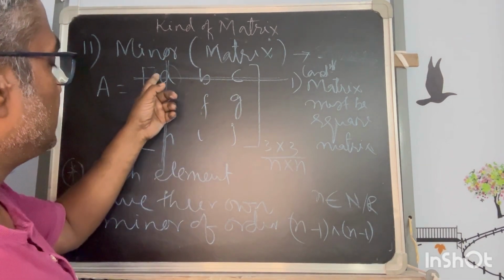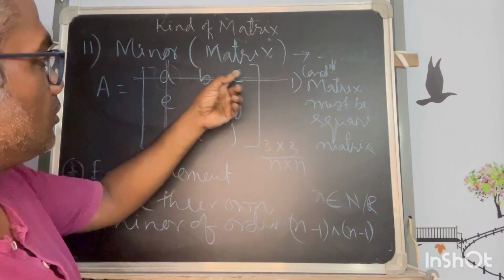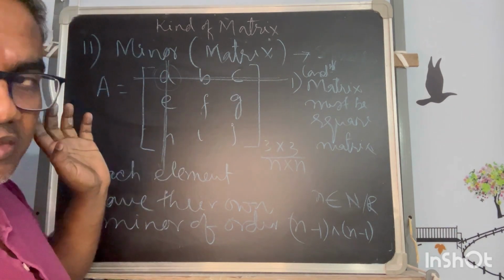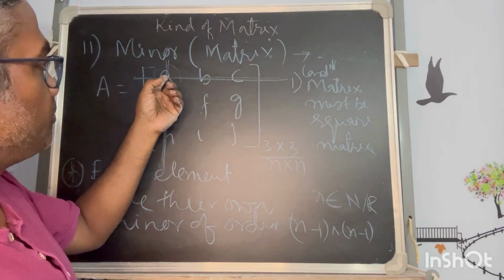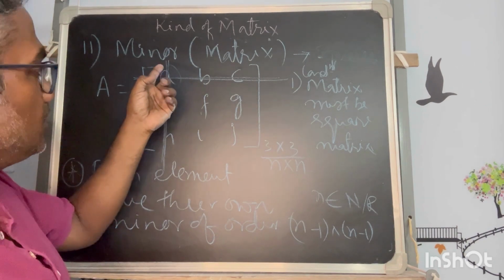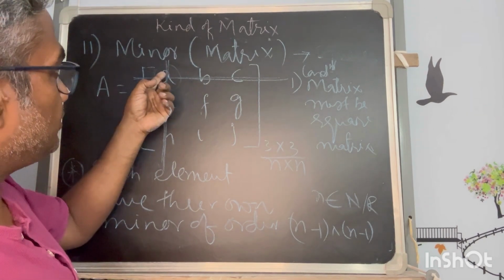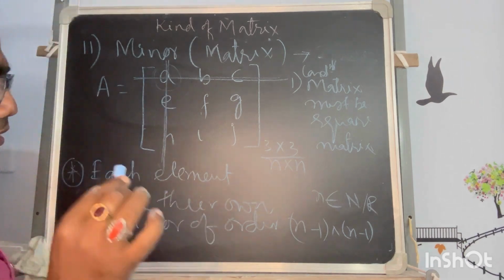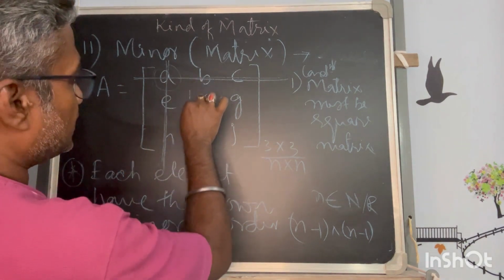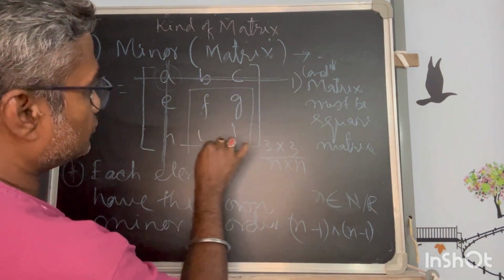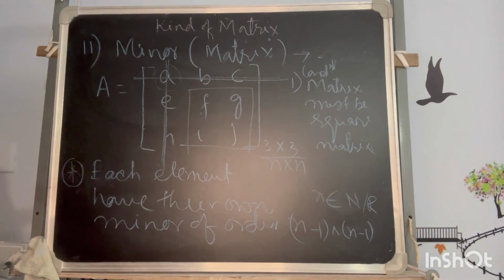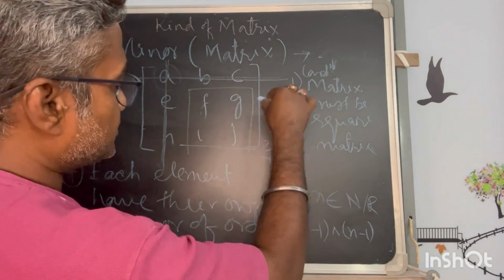That means if A is a target for me, I am crossing a horizontal line and a vertical line, and it is pivoted on that element, and for that element my minor would be the remaining part which is not passed through those lines. Understood? So now it is very easy to understand.